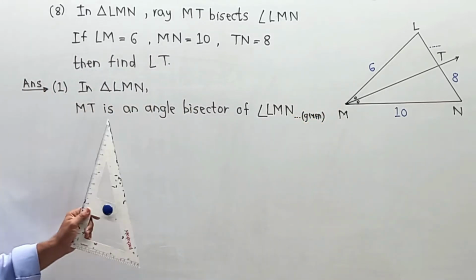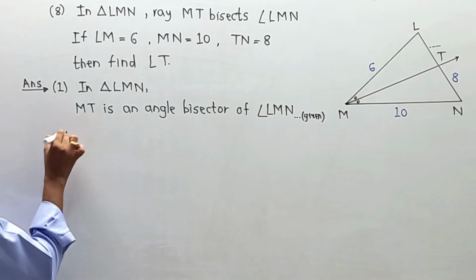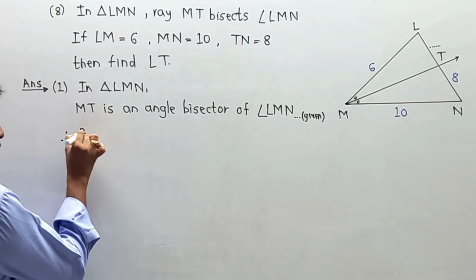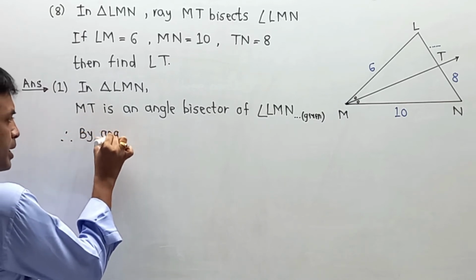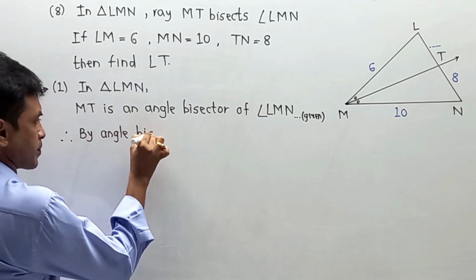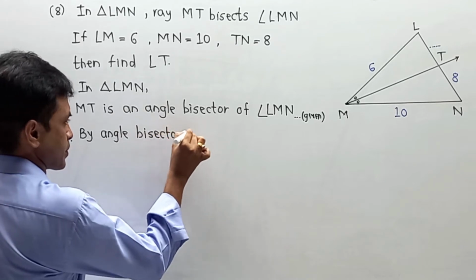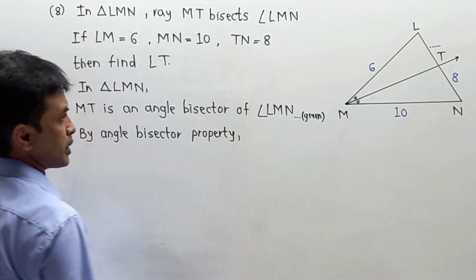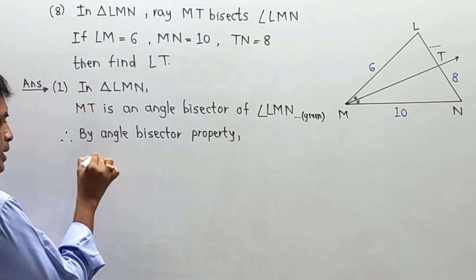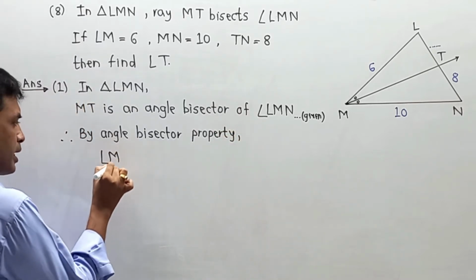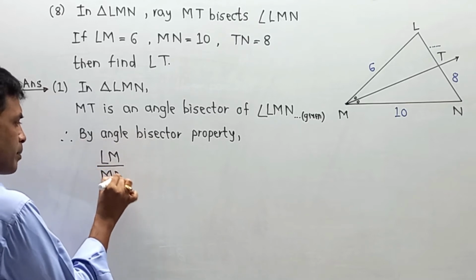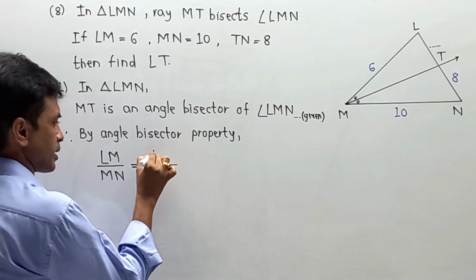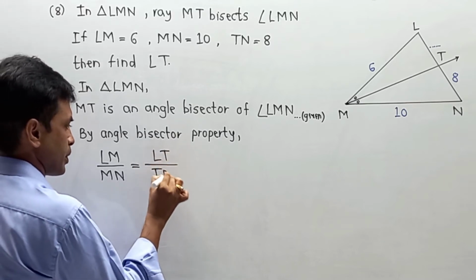Next over here, therefore by angle bisector property we can have LM upon MN is equal to LT upon TN.